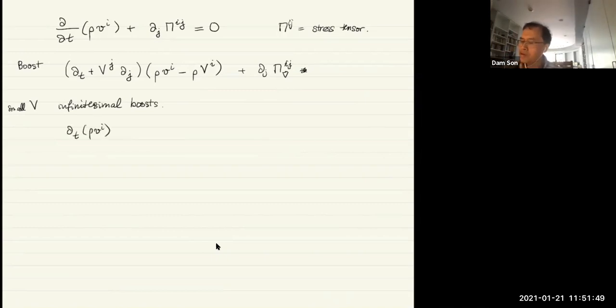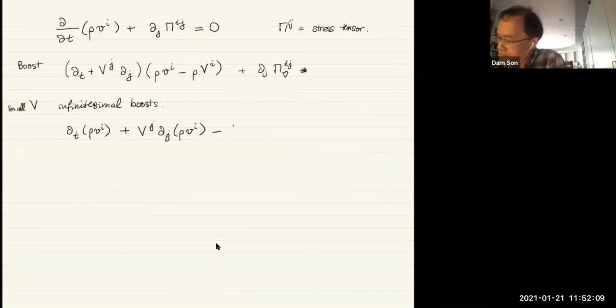So that was our original thing. And then terms with 1v, with 0v, with 1v. So there is the one that I can see here, this vj dj acting on rho vi, and then this dt acting on rho vi. So vi times dt of rho.